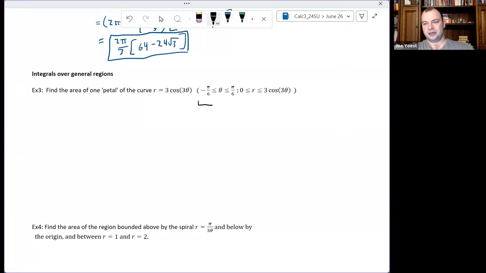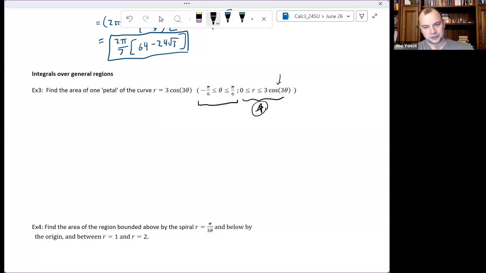So here we're taking theta to be between minus pi over 6 and plus pi over 6. But importantly, r now depends on theta. r ranges between 0 at the bottom end up to 3 cos of 3 theta. So once I choose theta, that affects what r's I'm allowed to choose.